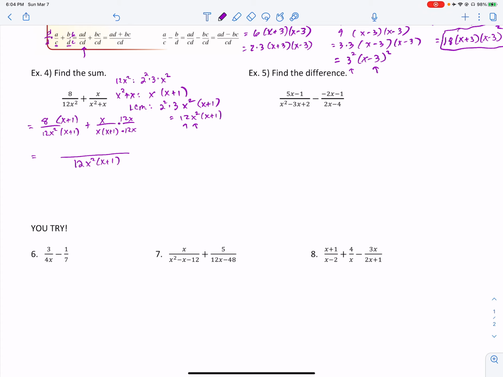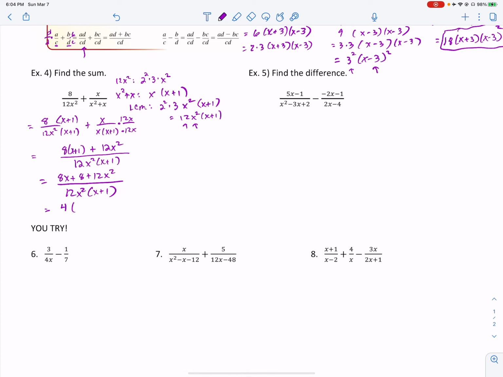And you're going to add up the numerators. In the first, I have an 8 times x plus 1. And in the second, I have x times 12x, which is 12x squared. So distribute that 8. And then from there, I see in the numerator, I could take out a 4.